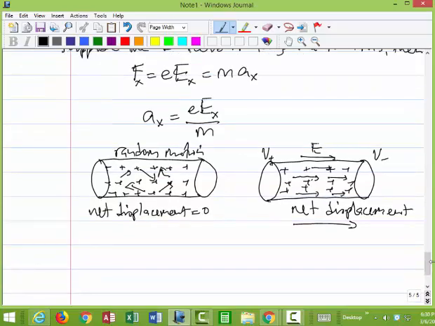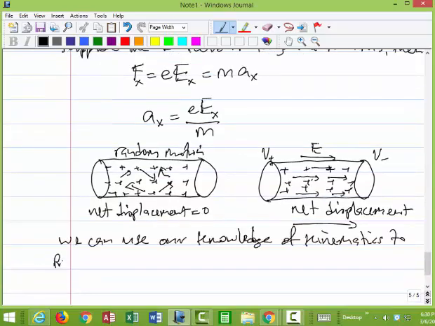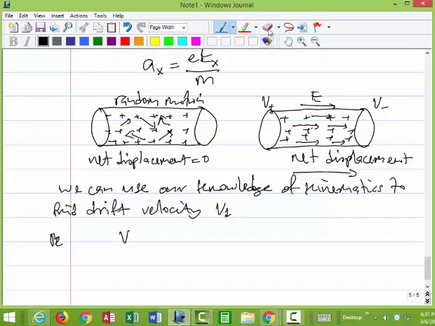So we can use kinematics to find drift velocity v_d. So recall that v final x is equal to v initial x plus a_x delta t. This is one of our kinematic equations. And so if we want to find drift velocity, the drift velocity v_d is an average velocity.